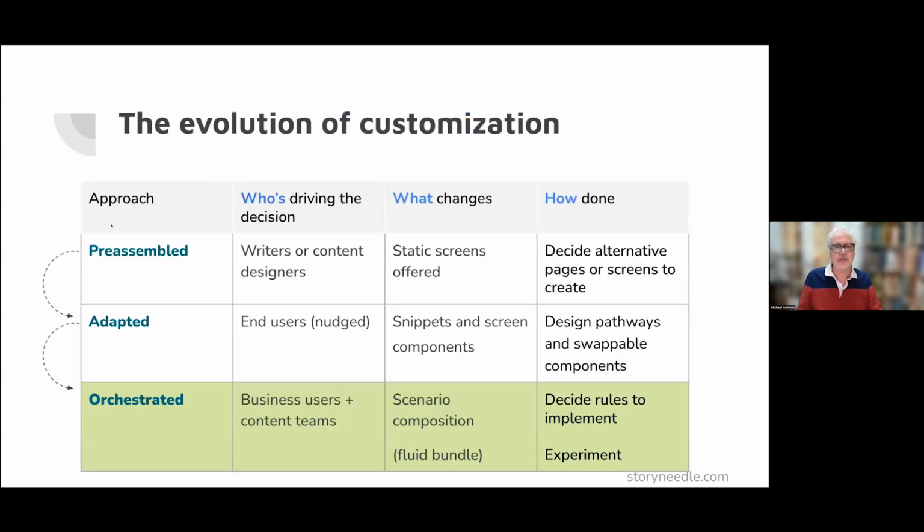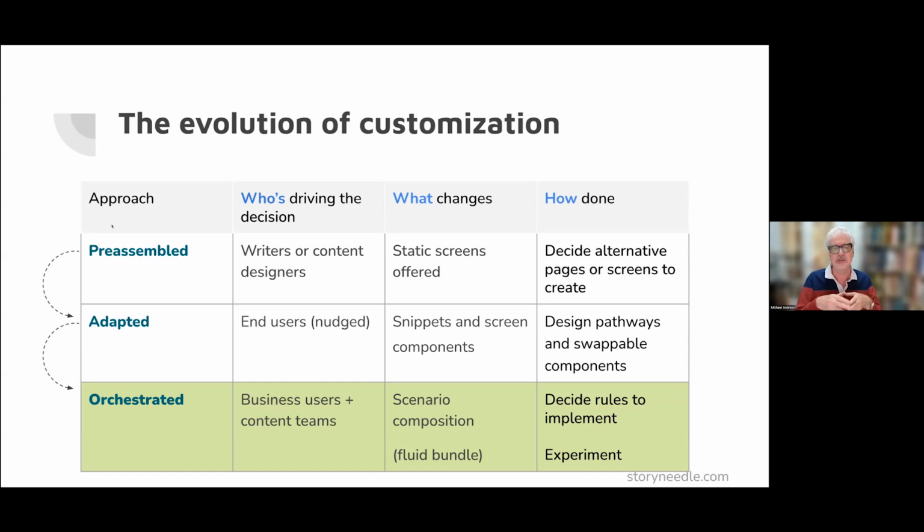The other thing about the evolution of the customization I'm talking about is that it's changing not just what is changing and how it's being done, but who's involved. So we've moved from this sort of pre-assembled content where your choice was between two pre-assembled pages, say, to this more adapted content where people would get details changed, and we were trying to nudge people in a certain direction by changing one specific detail.